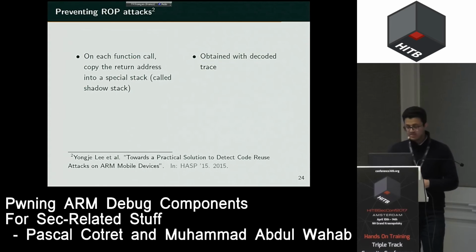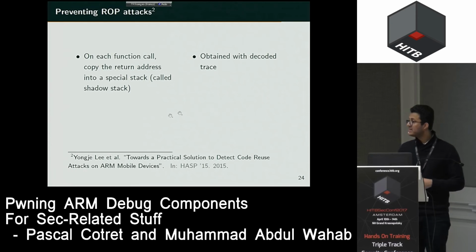Similarly, we can use these components to prevent other types of attacks, like return-oriented programming attacks or jump-oriented programming attacks. This has been done by Lee et al. in a work that was presented in another conference. What they do is, for each function call, they make a shadow call stack.